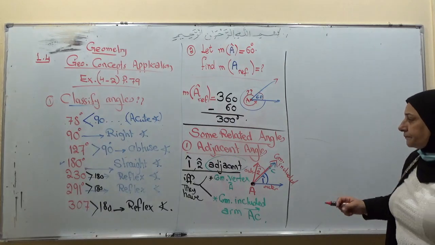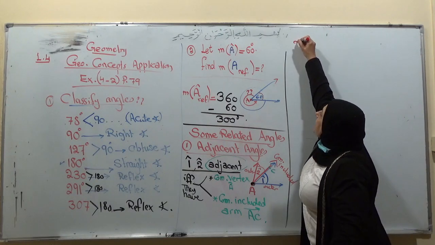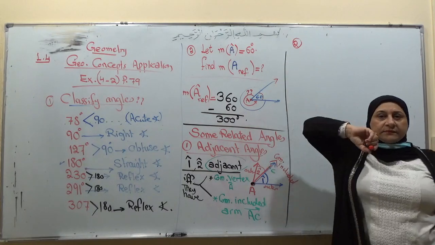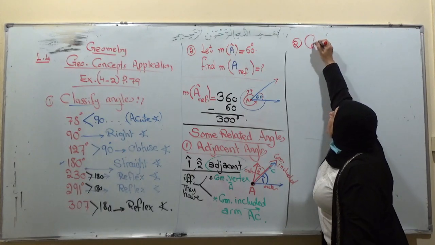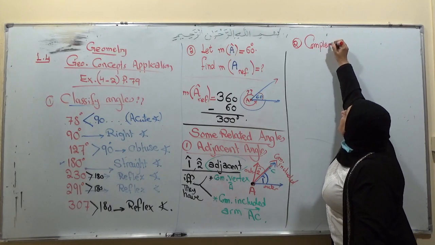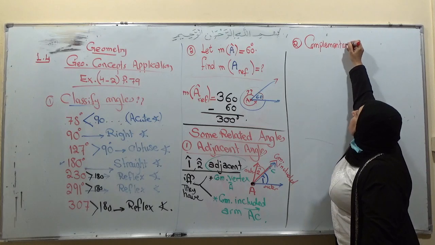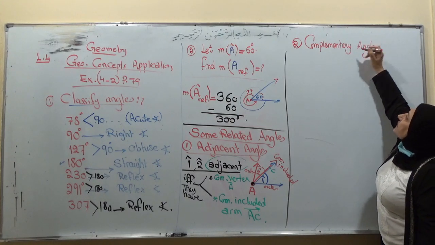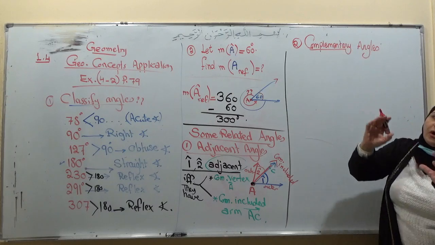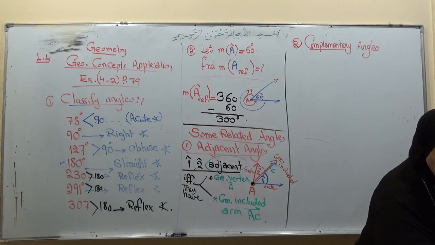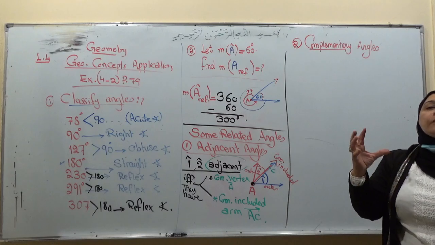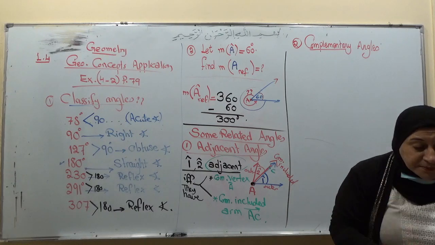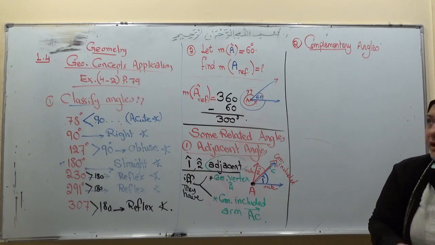Number 2, the second type of relations, the complementary angles. The definition is that together they make 90 degrees.